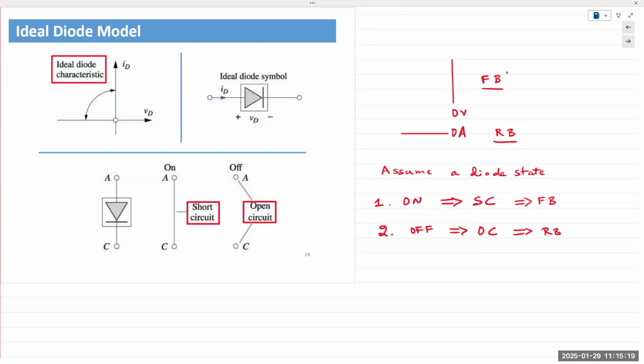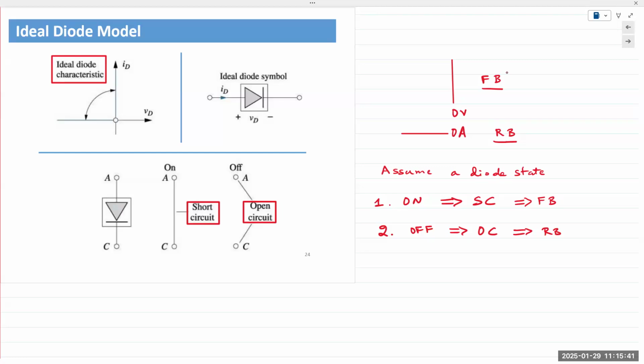So the way we would use this model is we would inspect a circuit, and depending on the circuit conditions, we would, for lack of a better word, I would say guess. We would guess whether the diode is on or off, meaning whether the diode is forward bias or reverse bias.